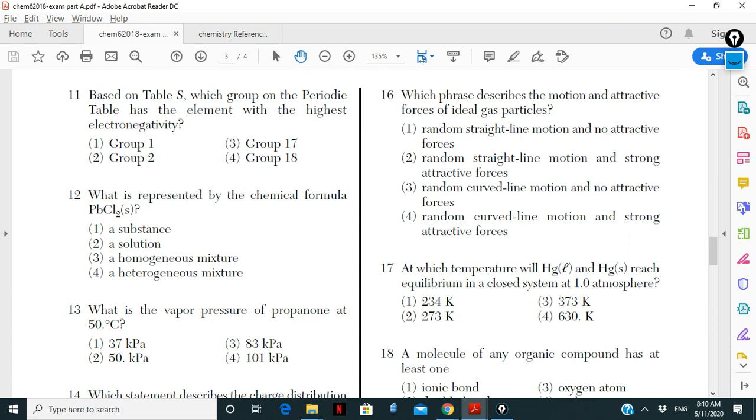There is no attraction force between the particles, and there is no loss of energy upon collision. So the random straight line motion and no attractive force. That's correct, because we said there is no attractive force.